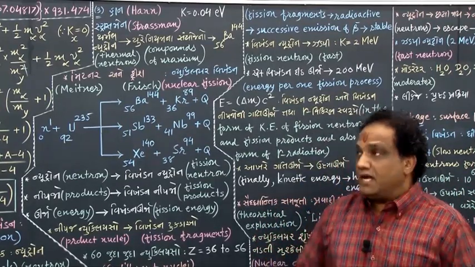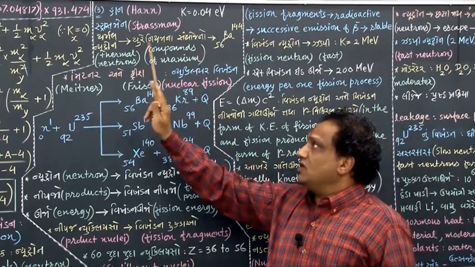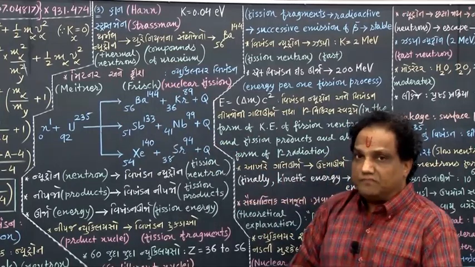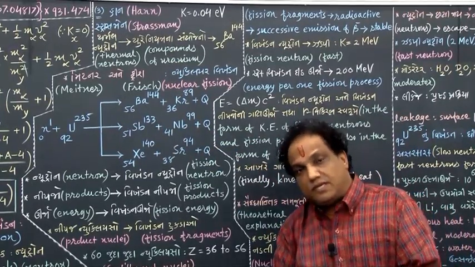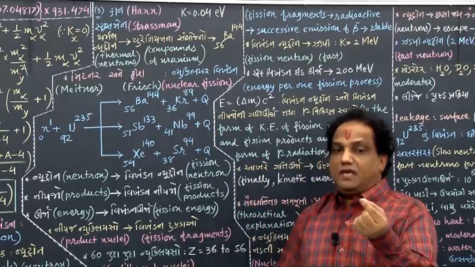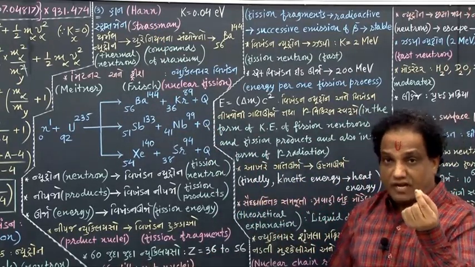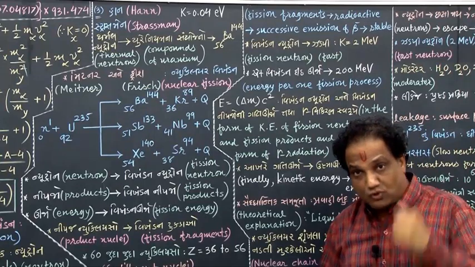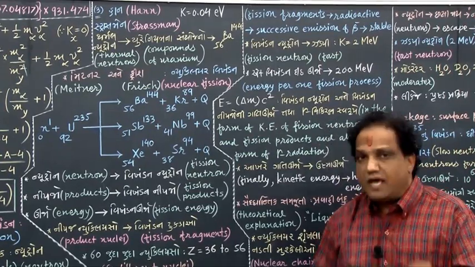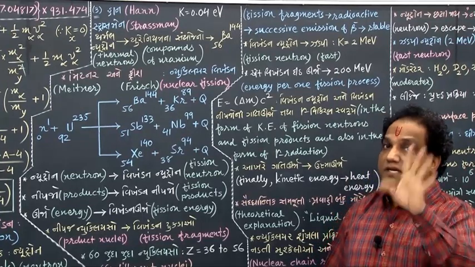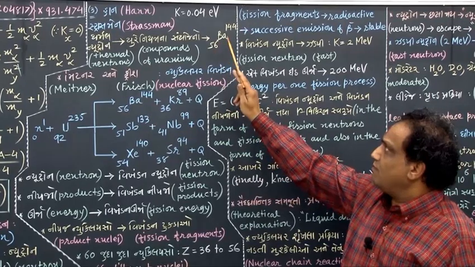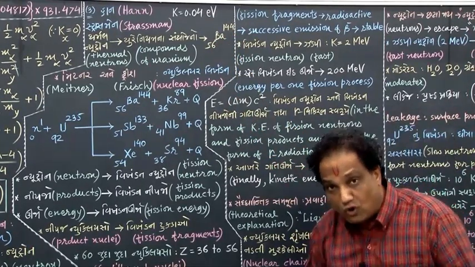Now, when such thermal neutrons were bombarded on the compounds of uranium, in one of these experiments, these two fellows noticed that they had discovered one very light element as compared to uranium. It was found to be of nearly half the mass. That element was none other than barium, 56 barium 144.